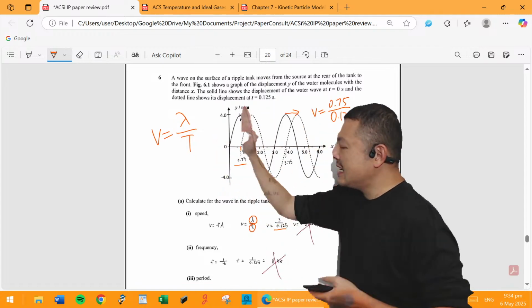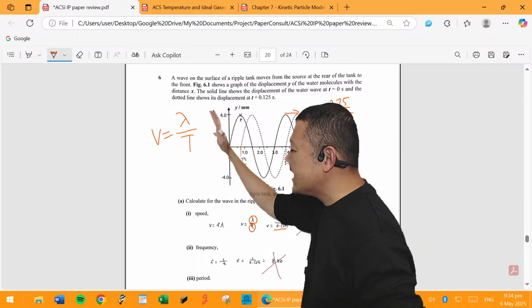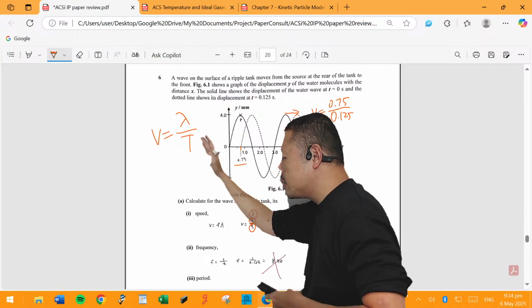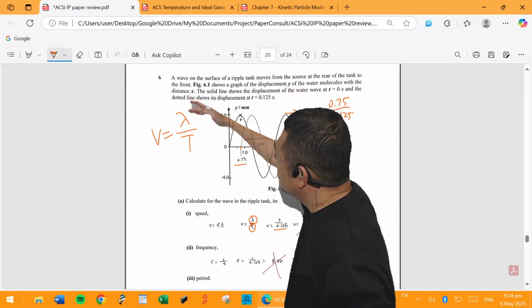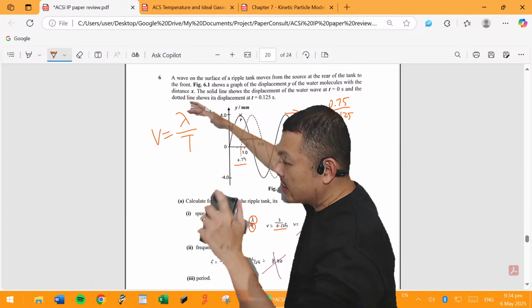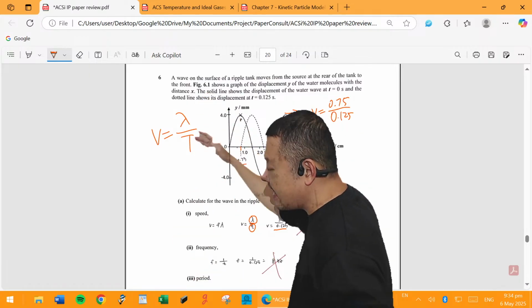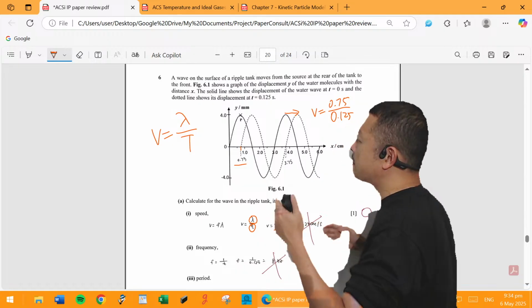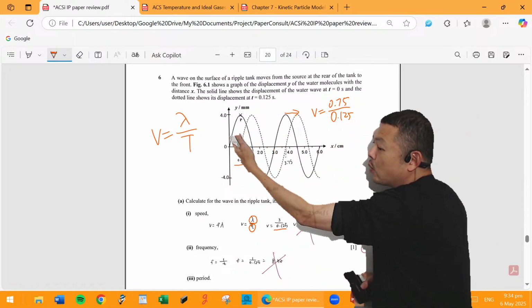Do you understand this equation? V is equal to lambda over capital T. Why capital T? Why lambda? Lambda is one wavelength. Good. Capital T is one period. One wavelength divided by one period. The problem is I don't know how long it takes to travel one wavelength.